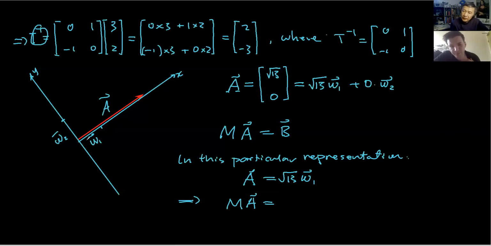Well, it's not necessarily 45 degrees. The point is that the new x-axis will be parallel to this vector A. This is an arbitrary vector, right? But in this particular representation, A is just a multiple of one of its unit vectors. That is the point.